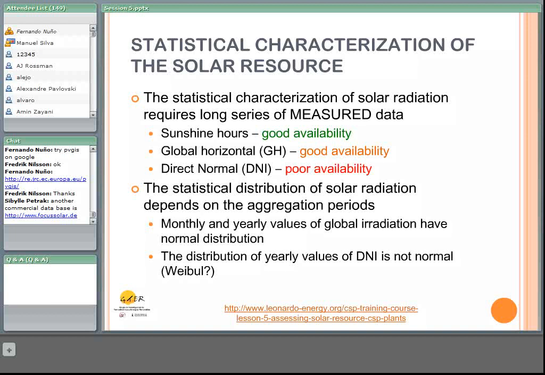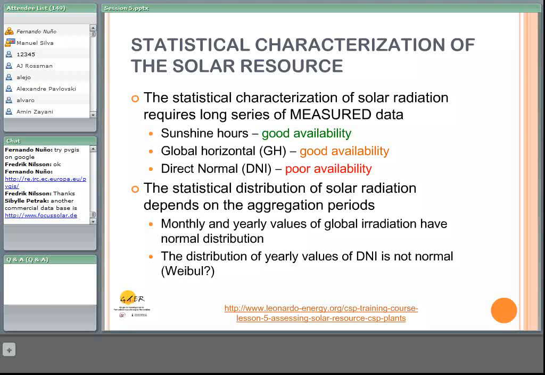On the other hand, the statistical distribution of the solar radiation depends on the aggregation period. For example, the instant values of direct irradiance have a distribution totally different from the monthly or yearly values.